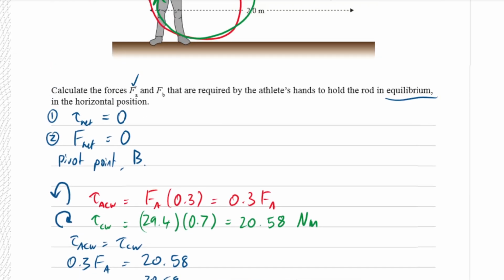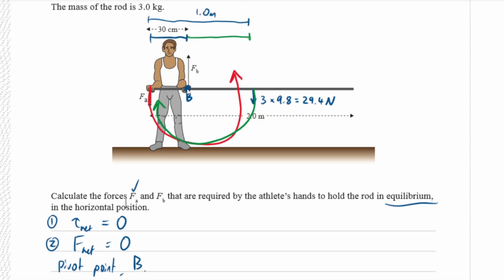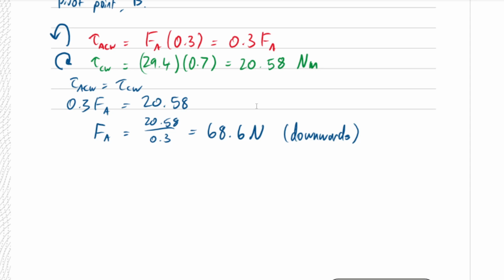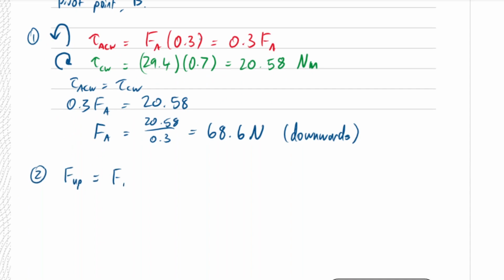So FA, tick. Now FB, we could work out if we made A the pivot point and did all those calculations again, or we could use the second condition, that the net force must equal 0. In other words, the forces acting up, FB, must equal the forces acting down, FA, plus the weight force. So we go F up is FB. Great, that's easy.